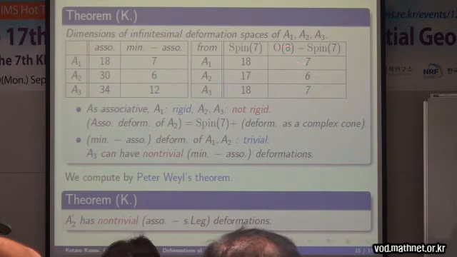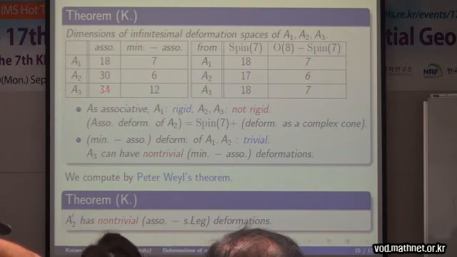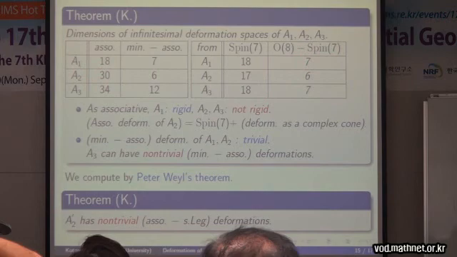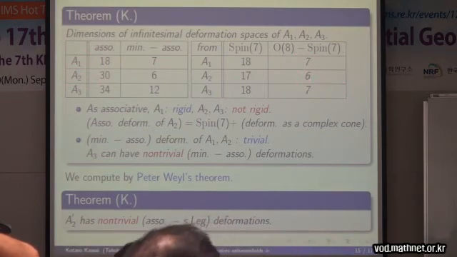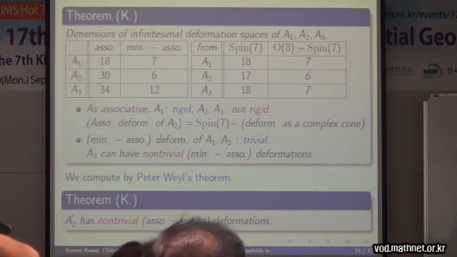And next we study the O8 minus Spin(7) action, and we obtain 7-dimensional trivial deformation of A1. And in the case of A2, we have 6-dimensional trivial deformations, and in the case of A3, we have 7-dimensional trivial deformations.